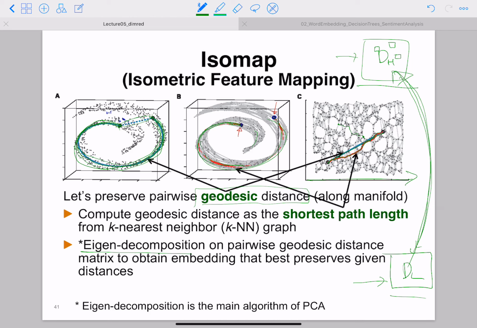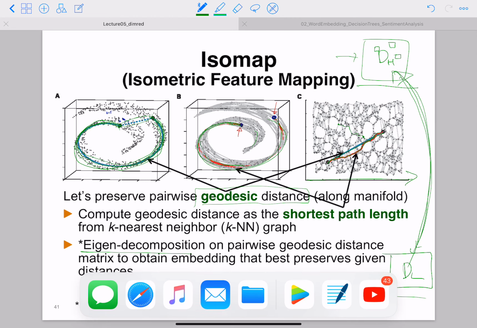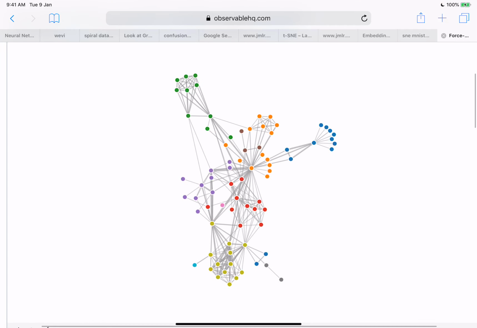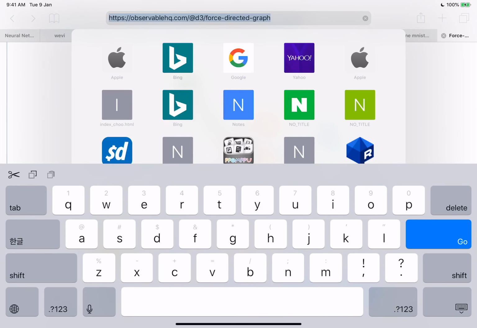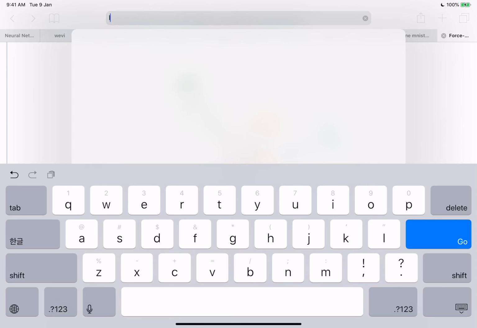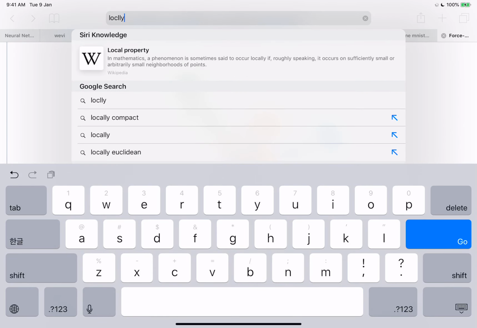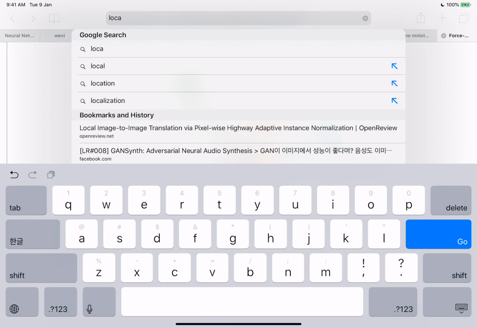There are also many different methods, for example locally linear embedding. Although in practice it doesn't work very well from different perspectives, locally linear embedding was also quite popular.